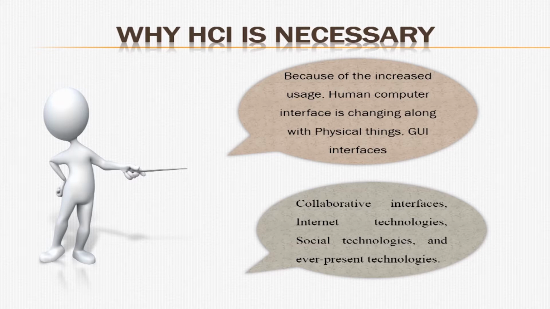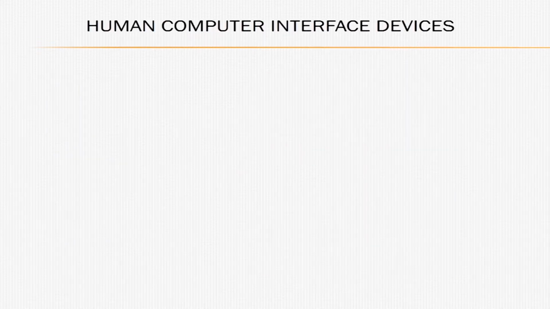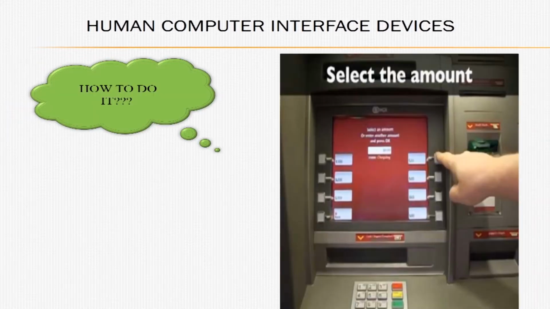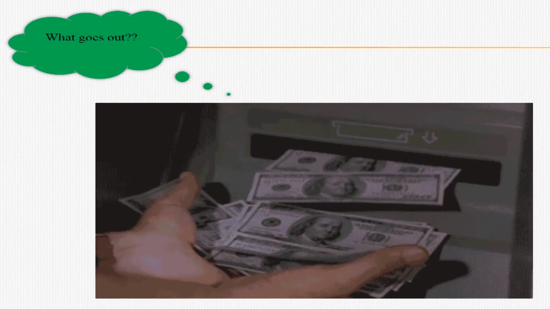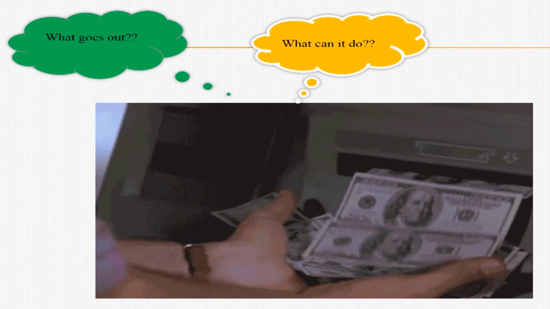When using a device through human-computer interface, a user should know clearly the following: how to do it, what goes in it, what goes out, and what it can do.